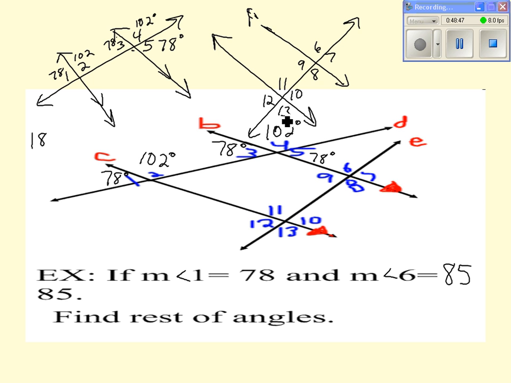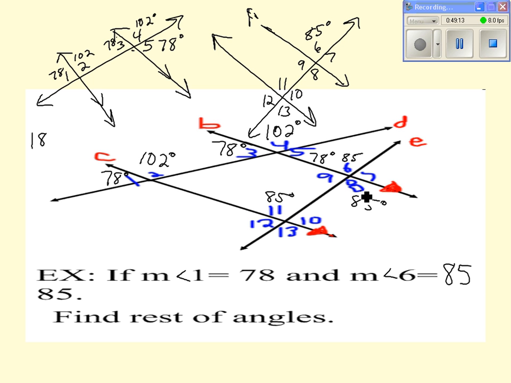Now we knew that angle 6 was how much? So we write that in there. Now can we find all the rest of these angles? Pick me one. We know that this one's 85. 8's 85. Let's just run through this sort of quick. Give me another one we know. 11's 85 because those were alternate interior angles, right?